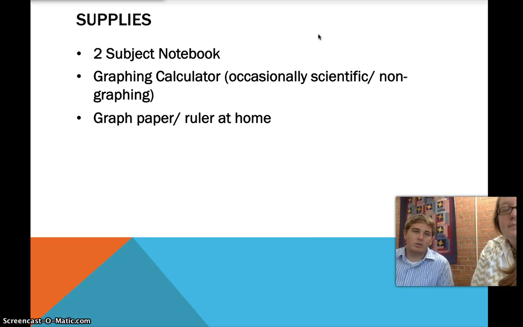We do have a classroom set, but if students are able to provide their own, that would help lessen the burden on us. Finally, graph paper and a ruler can be kept at home. We don't use them every day, so students don't need to bring them to class every day. So we'll let them know when they need that, but just have them ready for when that day comes.